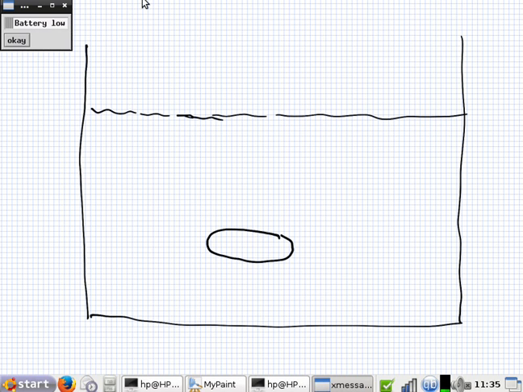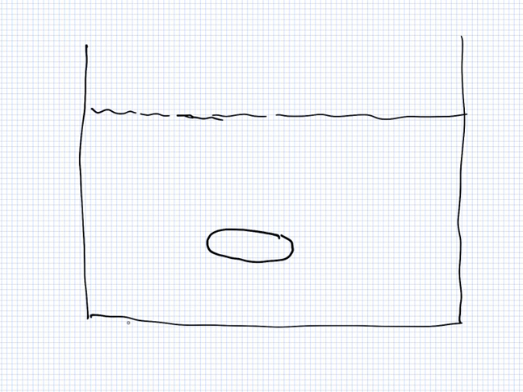Okay, so we have a coin, and the coin is being dropped into the water. I want to know the pressure on the coin. The formula for pressure is force over area. The area is pi r squared. But what's the force?